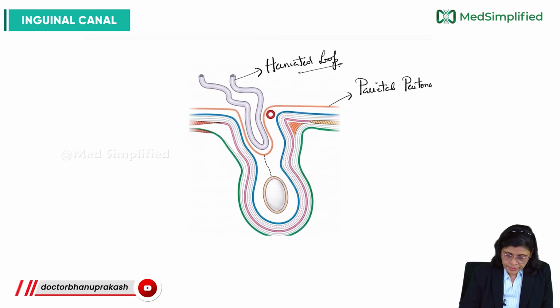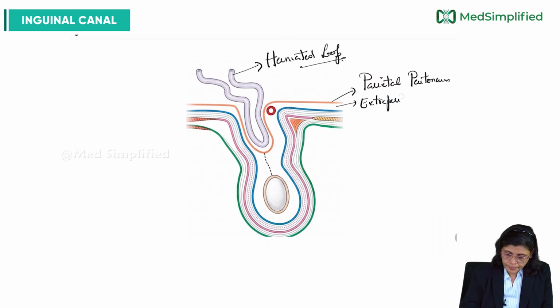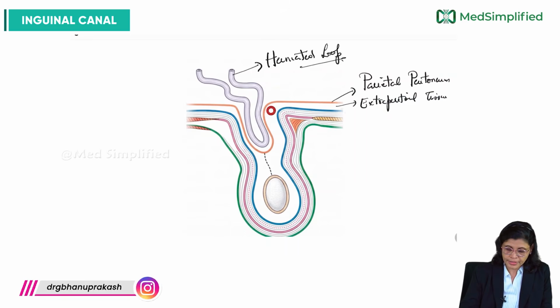Then next comes the extraperitoneal tissue, where fat and all will be present, and then comes the fascia transversalis.